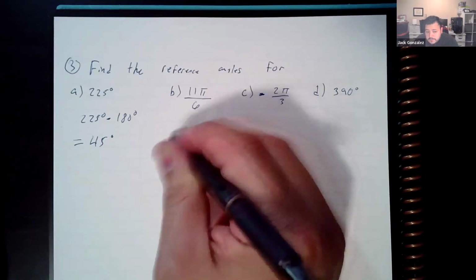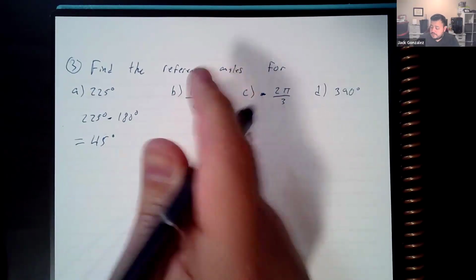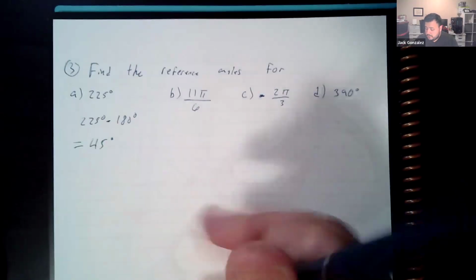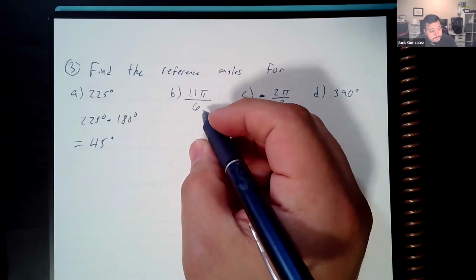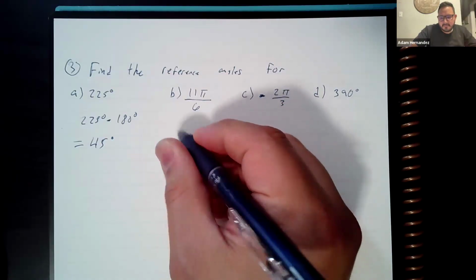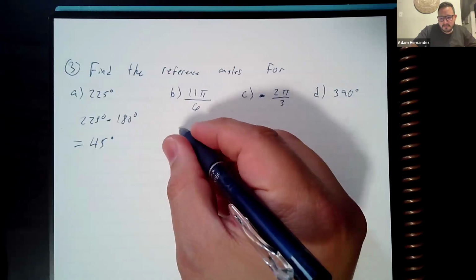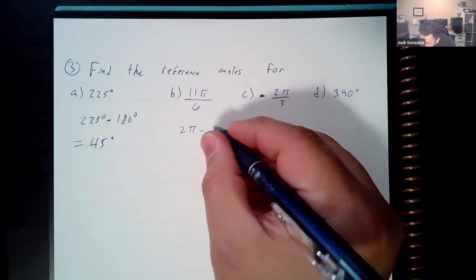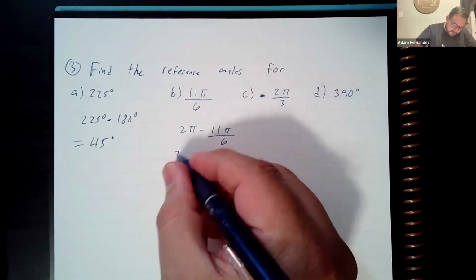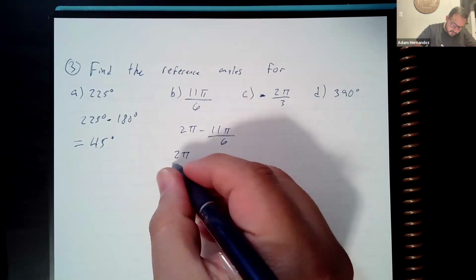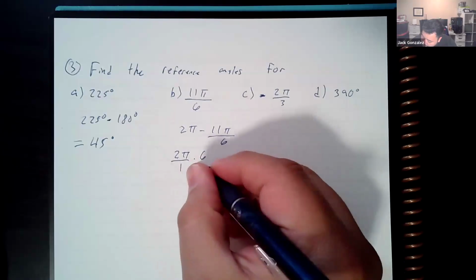I mean, you could convert it and then subtract with degrees and then convert it back. Because they'll expect the answer in radians if it starts in radians. So 2 pi minus 11 pi over 6. Common denominator is 6, right? So introduce 6.